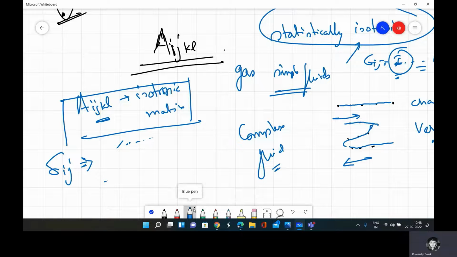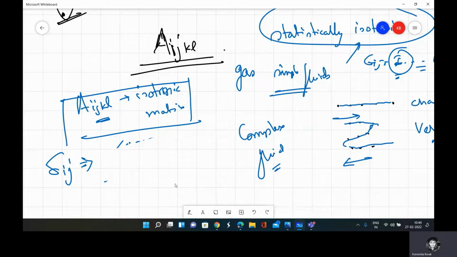So delta ij was the simplest second order isotropic tensor, and Aijkl is a fourth order isotropic tensor. If we want to create a fourth order isotropic tensor from a second order isotropic tensor, what can we do?